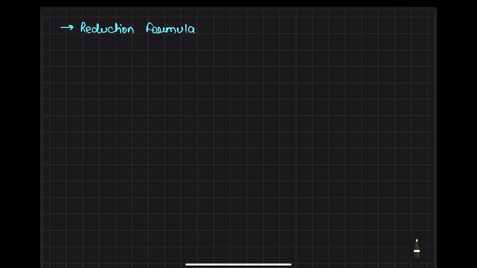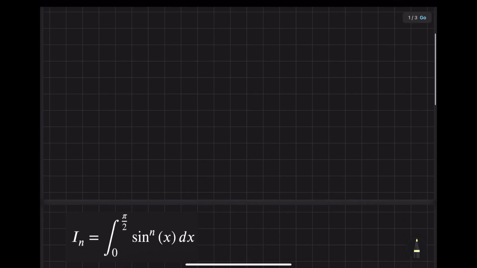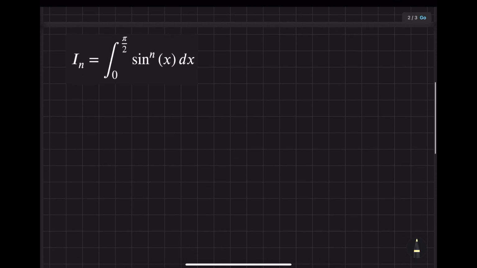So we will understand this again: we will give you some questions, try to handle those situations, and find out the reduction formula. Suppose we have I_n equals integration from 0 to pi by 2 of sine power n x dx.